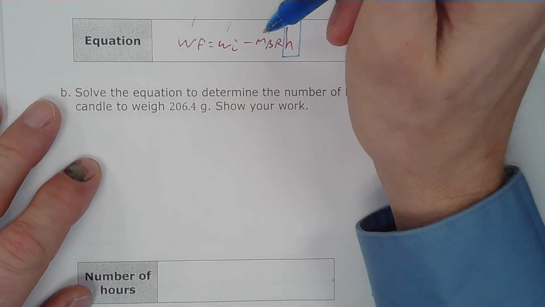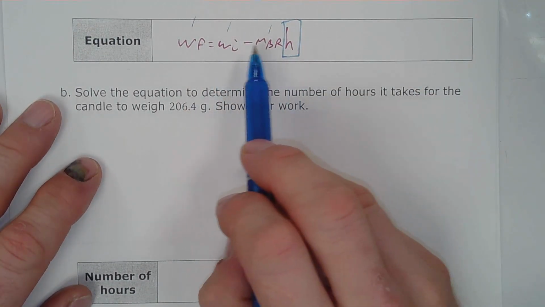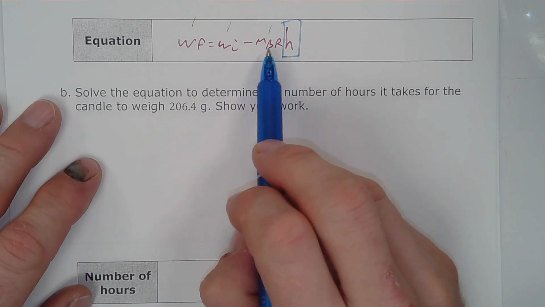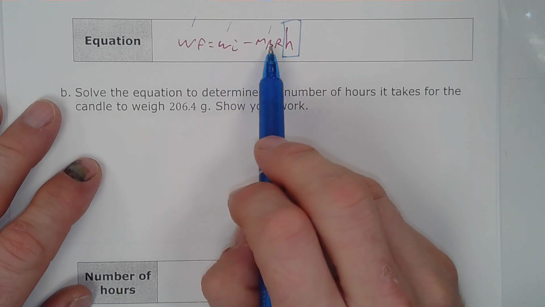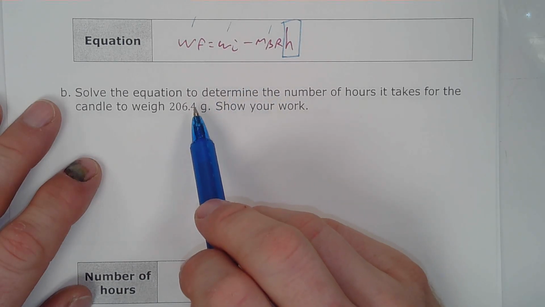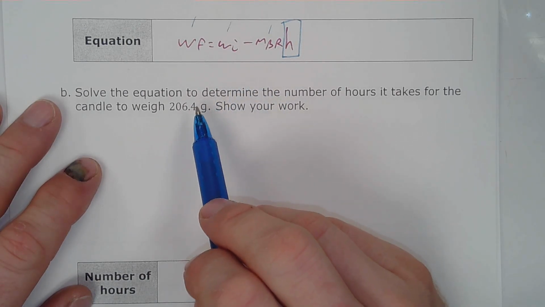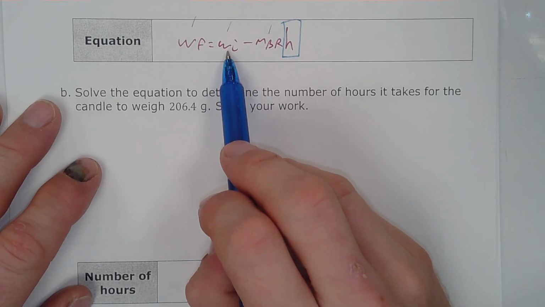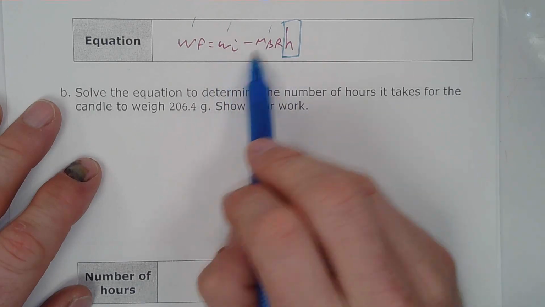Okay, how many terms are on this right side of the equation? 2. There are 2 terms on this right side, that one and that one. Terms are separated by plus signs and minus signs. So I have to isolate the variable term. How do I get the initial weight out of this side?